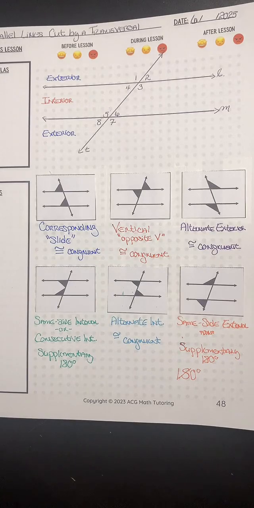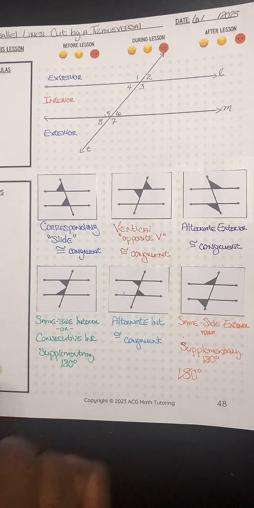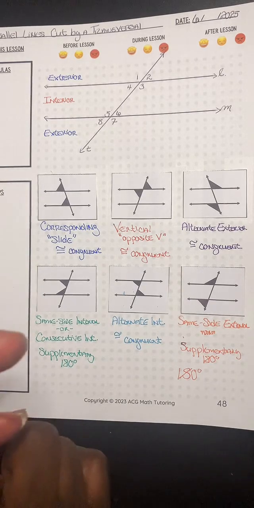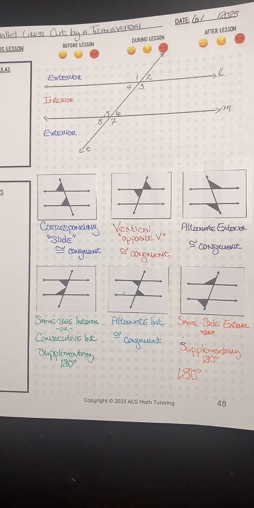Anything that's same side or consecutive is going to equal 180 degrees. If it's alternate, corresponding, or vertical, they're going to be congruent.